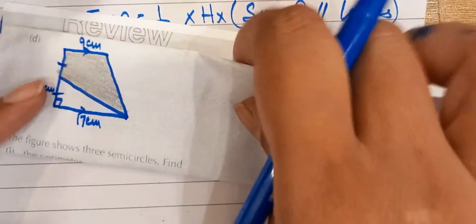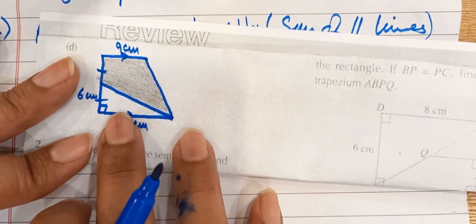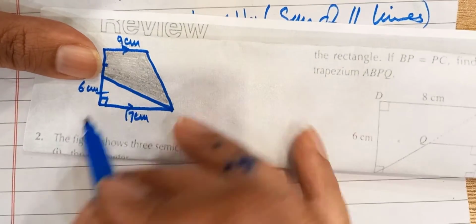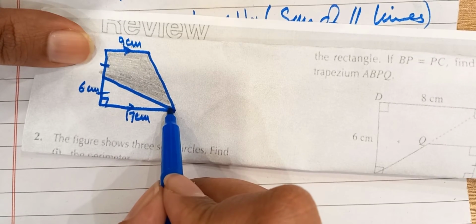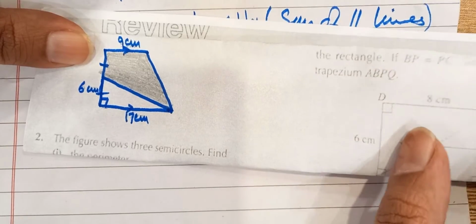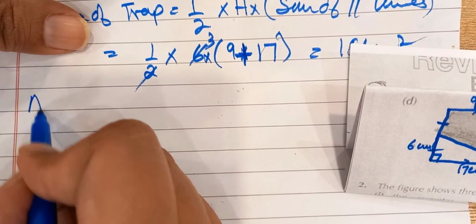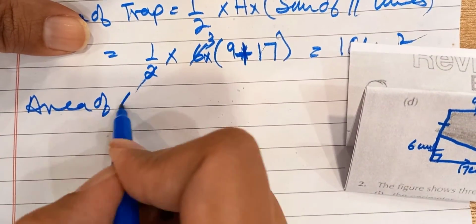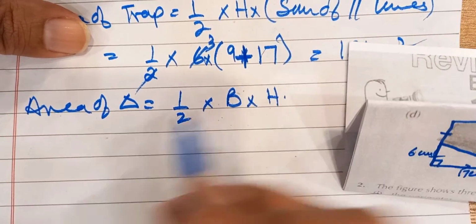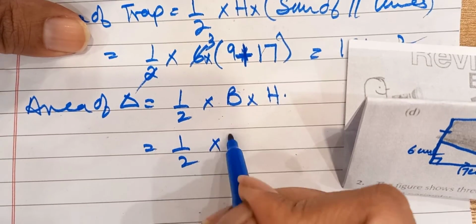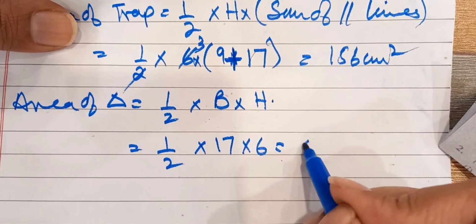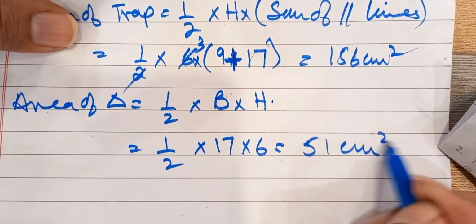Now I have to find the area of this triangle. The formula for the area of a triangle is 1 by 2 into base into height. This is the base of the triangle, and since it is a right angle triangle, this is the height of the triangle. So area of triangle is equal to 1 by 2 into base into height, which is 1 by 2 into 17 into 6, and I'll be left with 51 centimeters square.